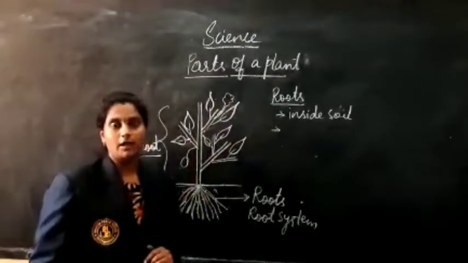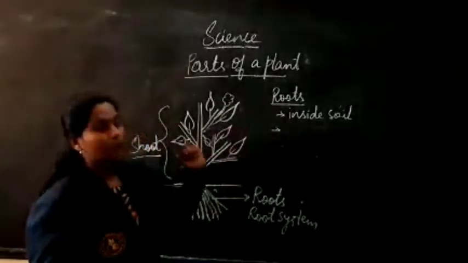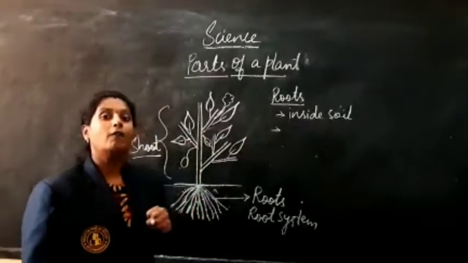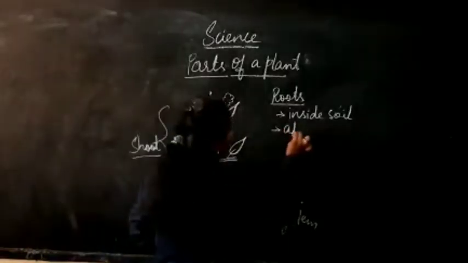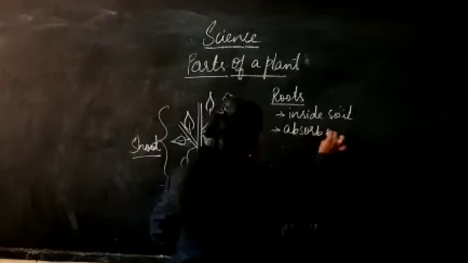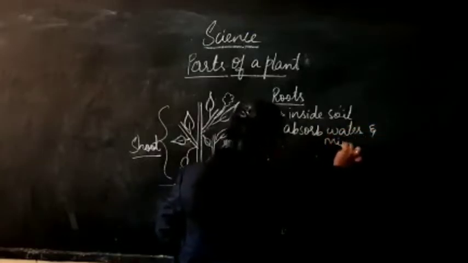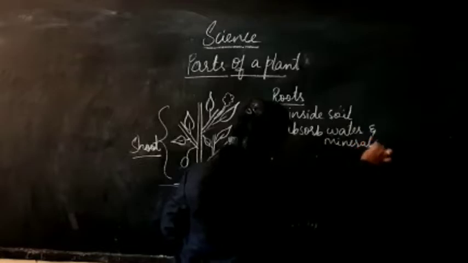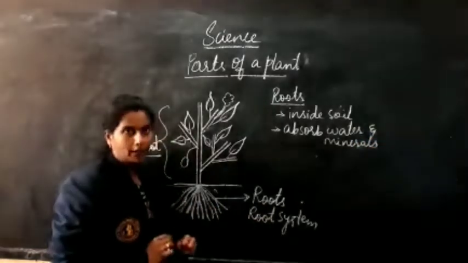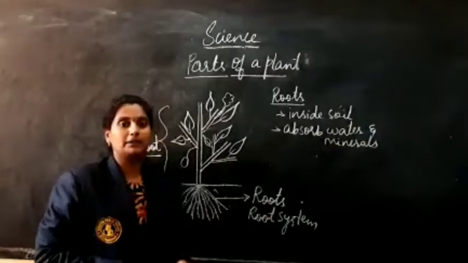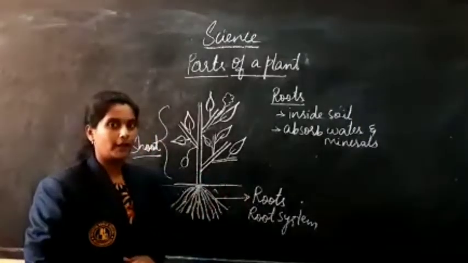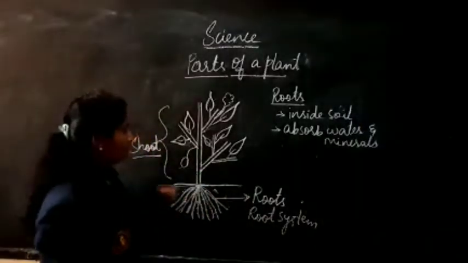Similarly, roots also have a few functions. What do they do? They absorb water and minerals. From where do they absorb water and minerals? From the soil. As they are present inside the soil, they absorb water and minerals from the soil.